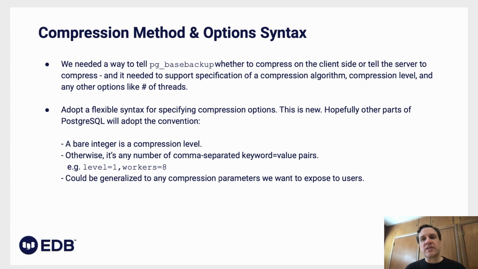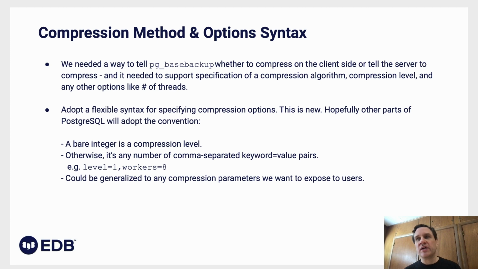We also needed to solve a user visible syntax problem, and that one has to do with how we're going to specify the compression method and the compression options, because in previous releases there was only one available compression method and there was only one option, which was the compression level. And now we have multiple compression methods.